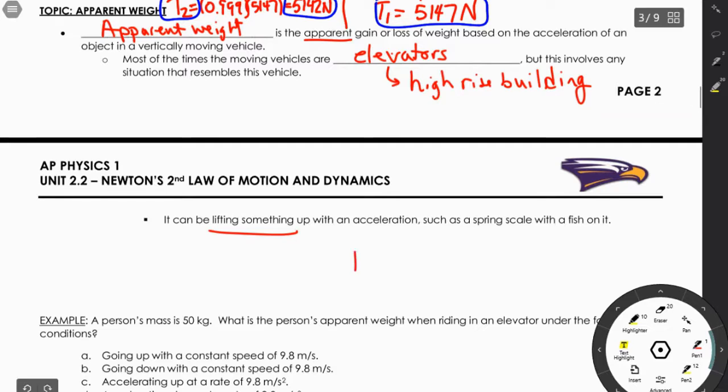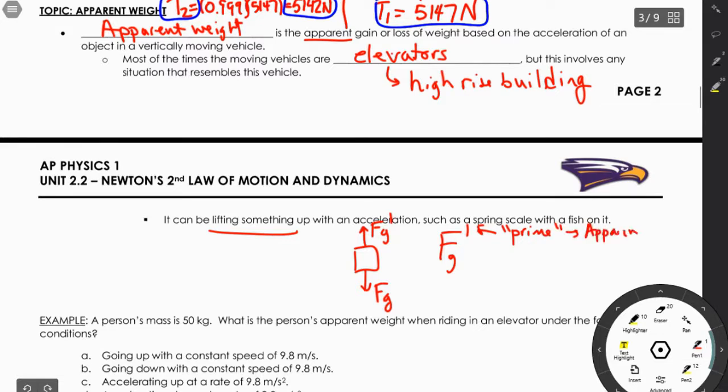But generally, your free body diagram will look the same in every situation. You're going to have the apparent weight up and then the actual weight down. This little prime notation, like an apostrophe, means apparent.